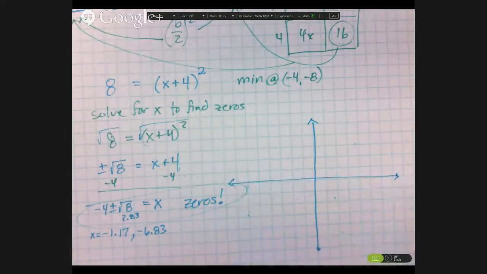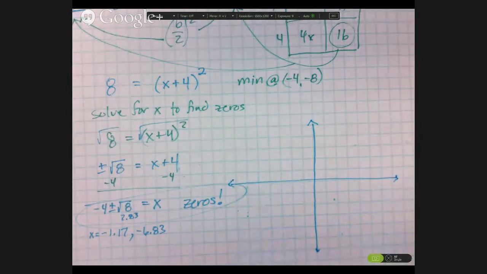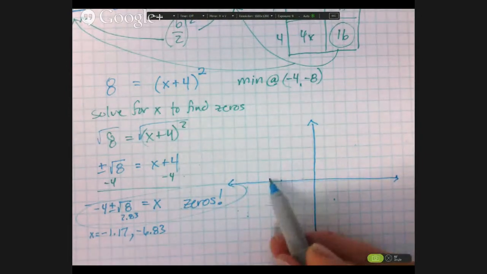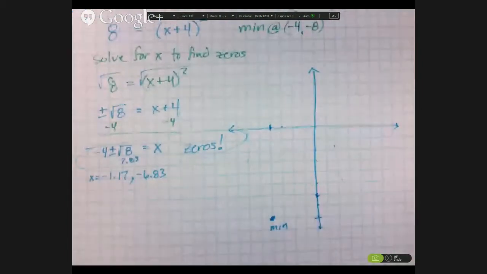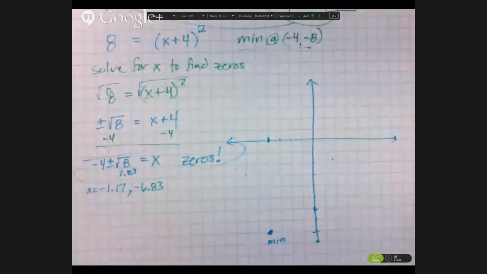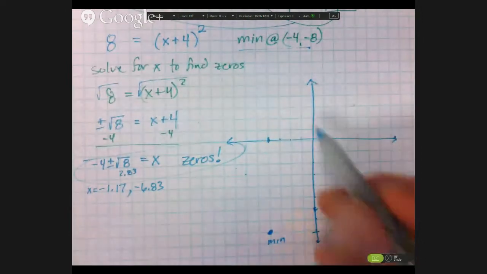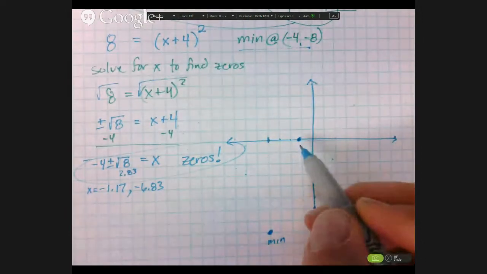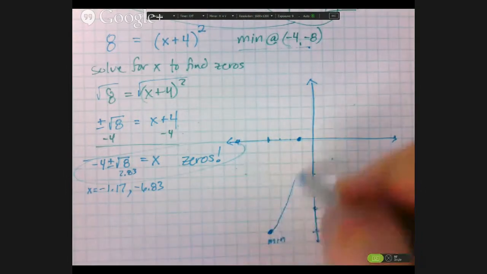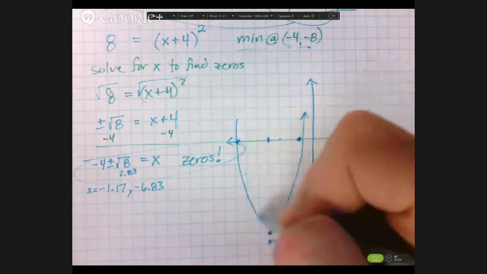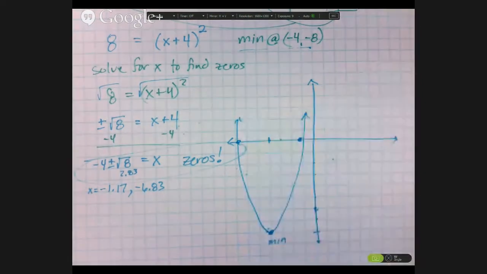Now you can graph it really easily. Okay, here's our minimum, right? -4, -8. And then our x-intercepts, -1.17, -6.83. There's your graph. This method's awesome because you can do everything with it.